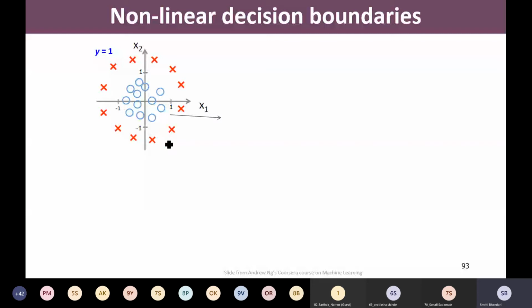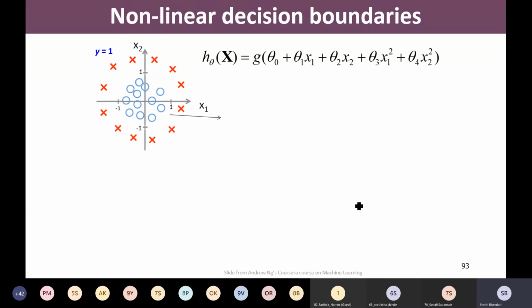But if we look at this figure, the samples are spread like this. So obviously you may find that we may not have a line that separates these samples. So we should come up with a non-linear function that can be treated as the decision boundary.